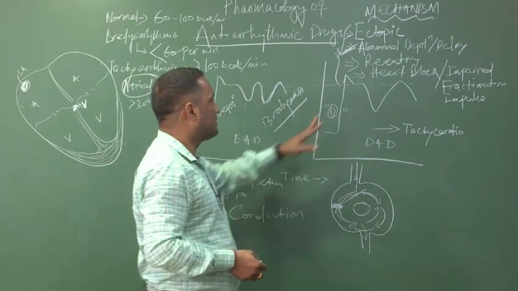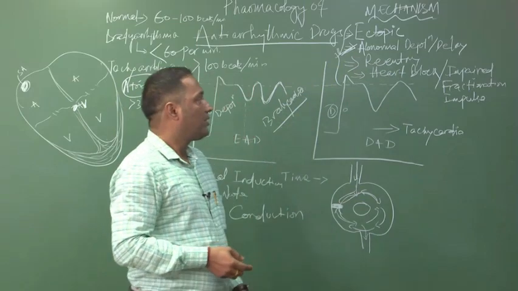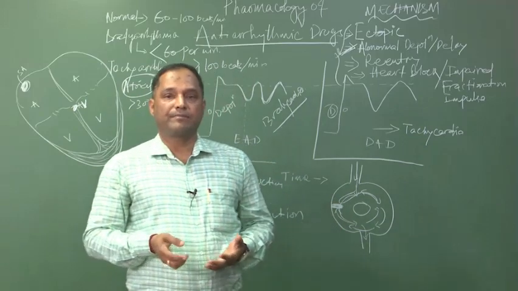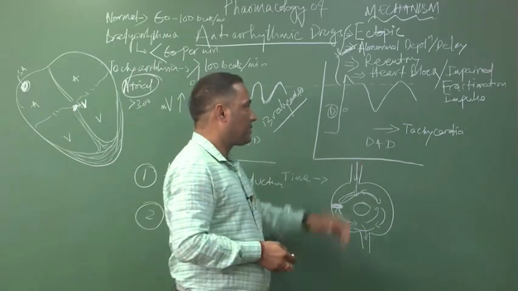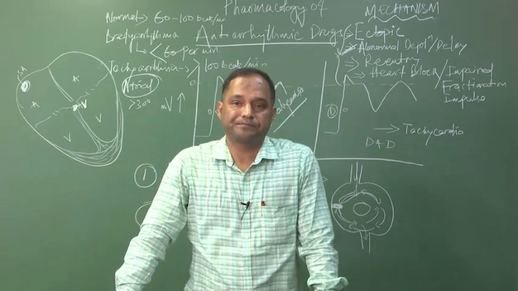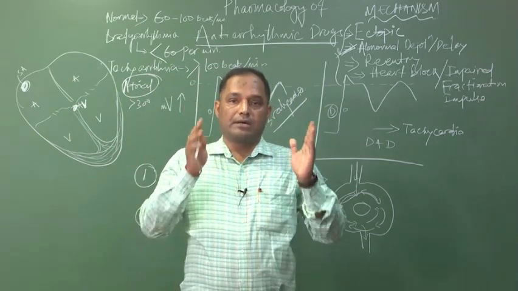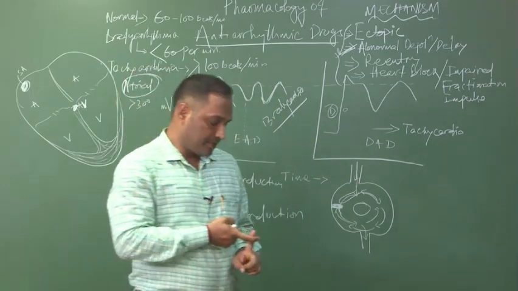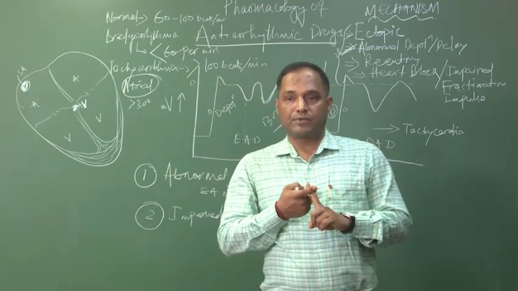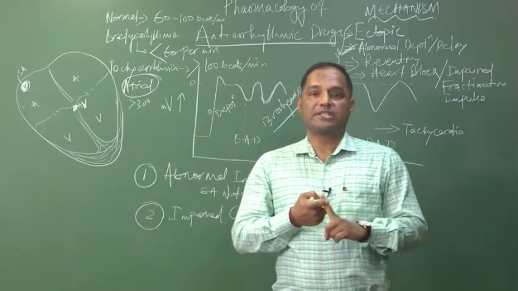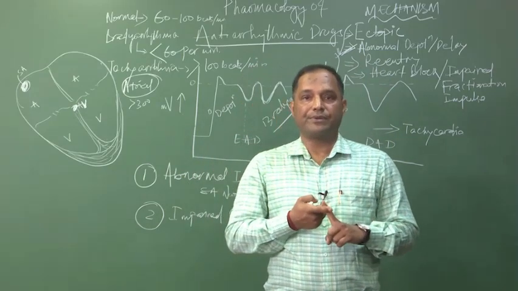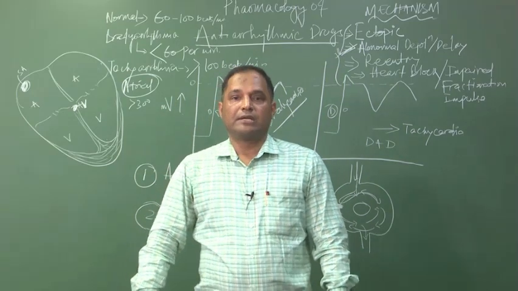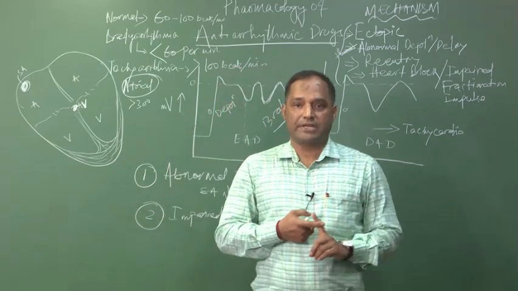The fourth one is heart block or the impaired fractionation of impulse. The fractionation of impulse represents the rising of the impulse from the beginning, from minus 70 millivolt, which is a threshold potential, from that point of view till the complete conduction of the cycle, it represents 0.2 to 0.4 milliseconds.